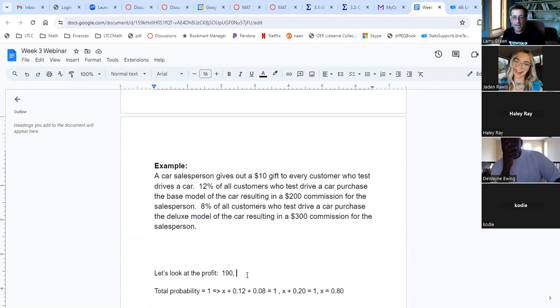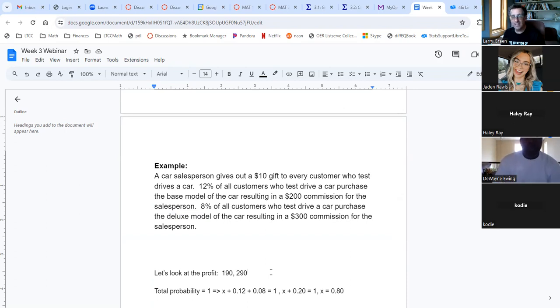Good, good. So that's 290 because if you get a $300 commission and it costs you $10 to give them that little present, then you get a $290 profit. Is that the only thing that can happen?